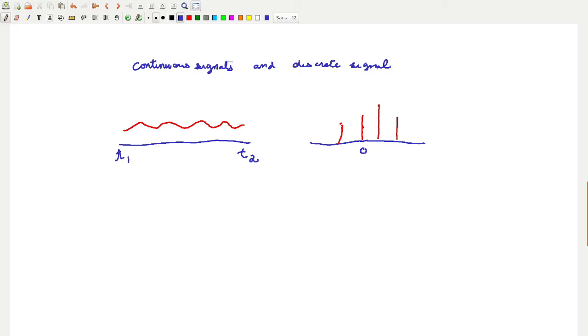Maybe at the time 0, 1, 2, this is -1. It need not be in the positive direction itself. Maybe at time 3 it is negative. So for the discrete signal, you won't have values for the entire time, but only at some specific points you are having a signal, an amplitude, a value.